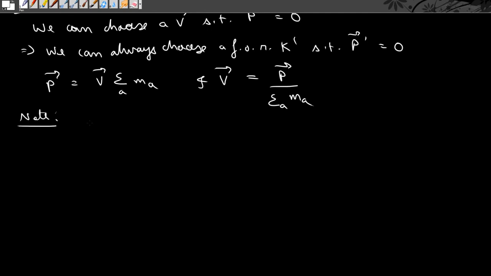Before we proceed further, let us make note of some important points. Note, if the total momentum is 0 in a given frame of reference, then the system is said to be at rest relative to that frame. Let me write that down.